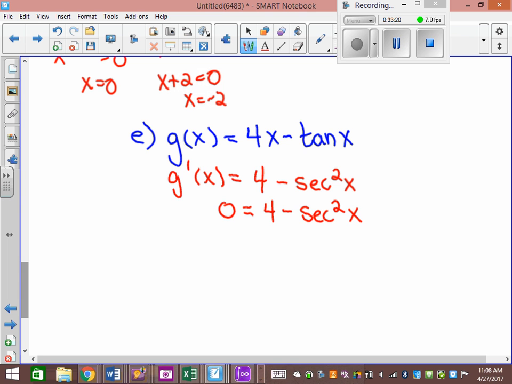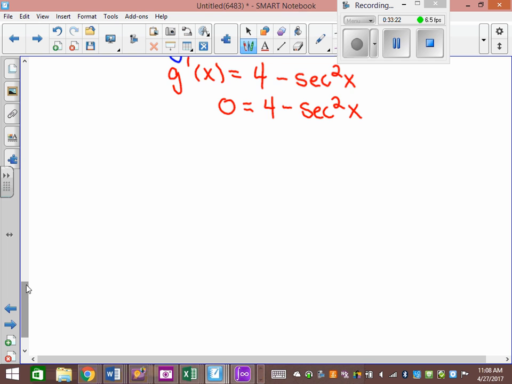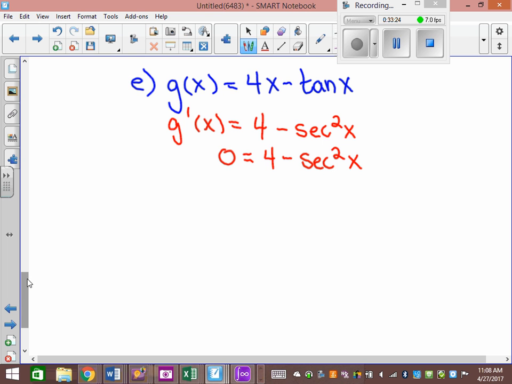This you can do two ways. I'm going to show both because I do not care which way you pick. One way, you can literally solve for secant. So we move the 4 over. Negative 4 equals negative secant squared x. It depends on what person's brain goes to. Some instantly go to difference of squares and some instantly go to solving, so it doesn't matter.